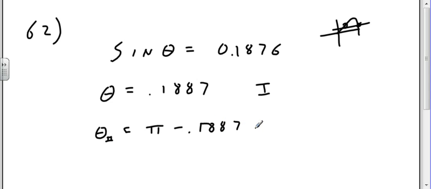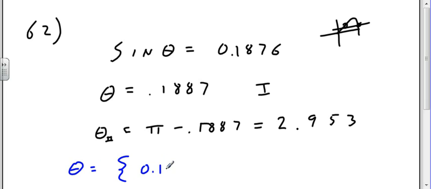I recognize the first quadrant answer as my reference angle. Pi minus the answer, 2.953. All right, so my final answer is theta equals, in alphabetical order, 0.1887 and 2.953.